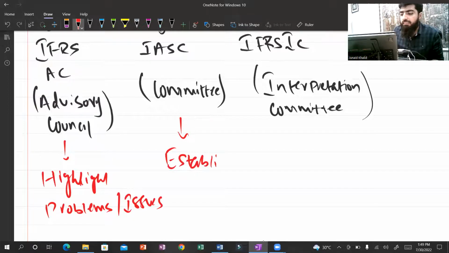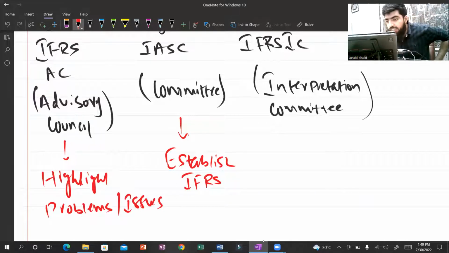They have the prime responsibility to establish IFRS. It means the IFRS and rules are established by the IASC, that is International Accounting Standard Committee. Let's say IAS 16 was established, and that was established by the IASC.